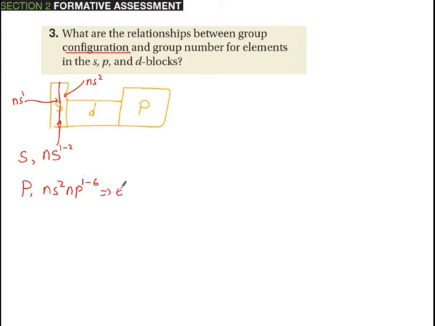Let's take an example: oxygen, 8, is 1s2, 2s2, 2p4. NS2 means this one and NP4 this one, so you add 2 plus 4, which is 6.